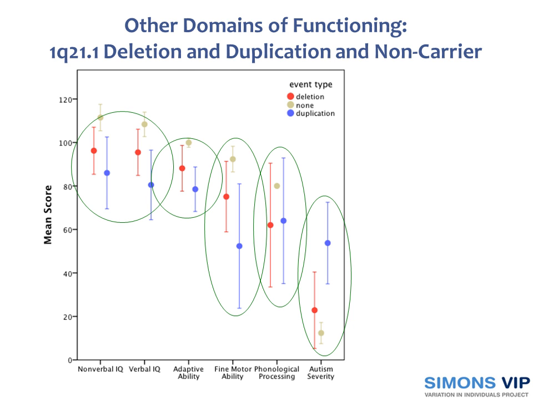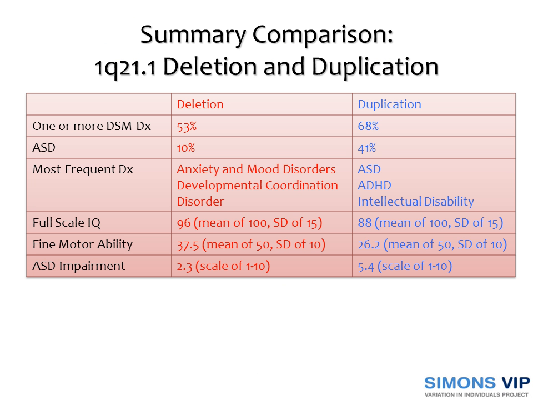If we were to have a summary comparison side by side between our deletion carriers and our duplication carriers, we've already chatted about much of this. In terms of our diagnostic categories, there's a great deal of variability for both deletion and duplication in the types of diagnoses that are made, but we're seeing a higher rate of diagnoses in our sample of folks with the duplication.